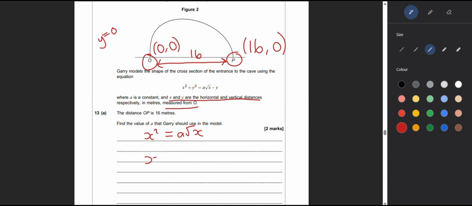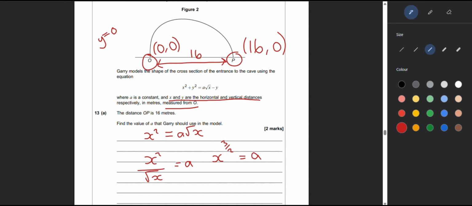So x squared over root x is equal to A. That is x squared divided by x to the power of a half, which is actually just x to the power of 3 over 2. If you think about it, we're doing 2 minus a half, so that's 1.5. So x to the power of 3 over 2 is A.